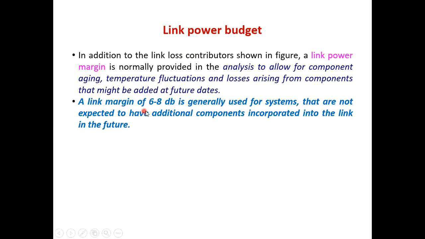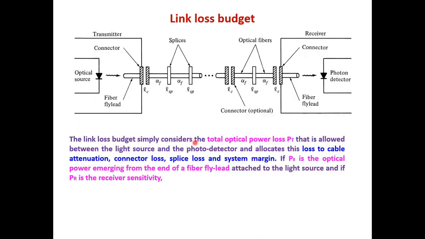A link margin of 6 to 8 dB is generally used for systems that are not expected to have additional components incorporated into the link. When you are calculating the link power budget, remember your answer should fall between 6 to 8 dB, because that is considered a proper design. So in any system, when you're calculating the power, we should keep an extra power of 6 to 8 dB.